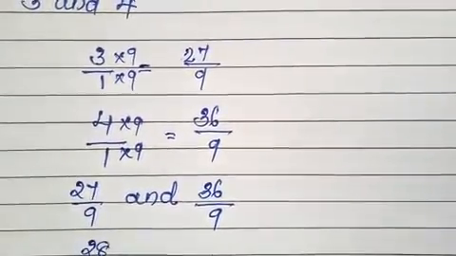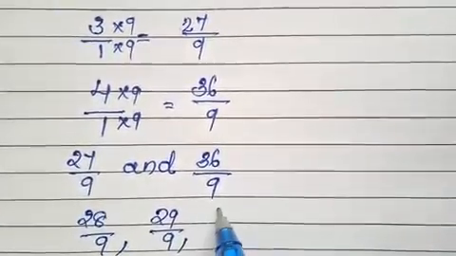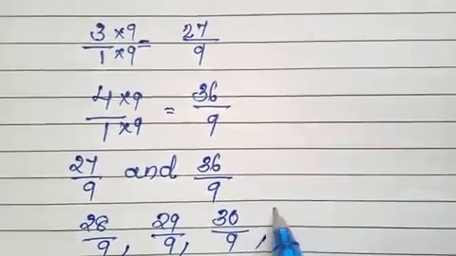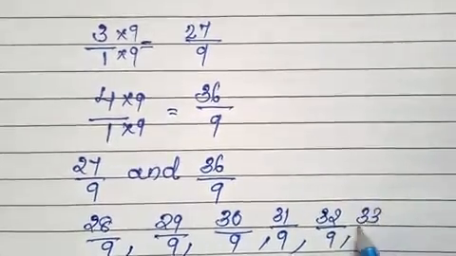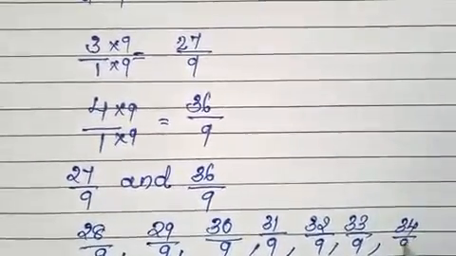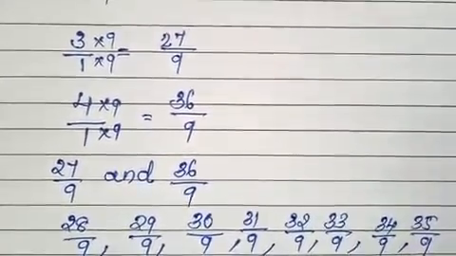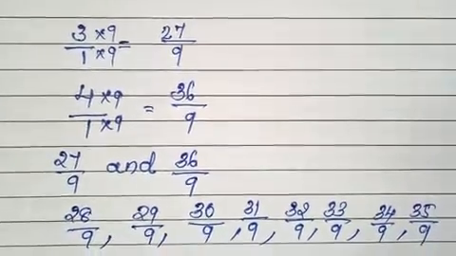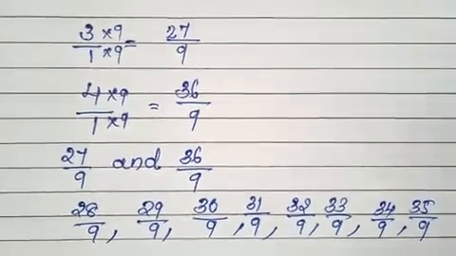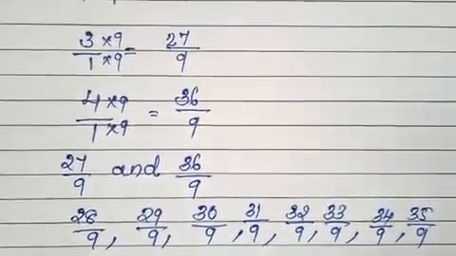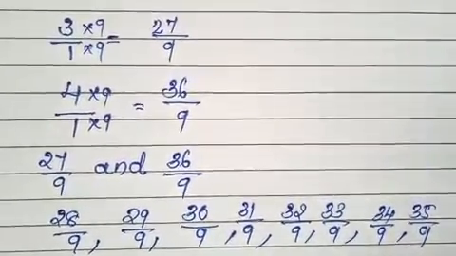After 27 by 9 comes 28 by 9, then 29 by 9, 30 by 9, 31 by 9, 32 by 9, 33 by 9, 34 by 9, 35 by 9. Understood? First of all, you should remember, if they ask for 8 rational numbers, you should multiply with 8 plus 1, that means 9. If they ask for 4 rational numbers, 4 plus 1, that is 5. We should multiply both numerator and denominator with the same number. Understood?